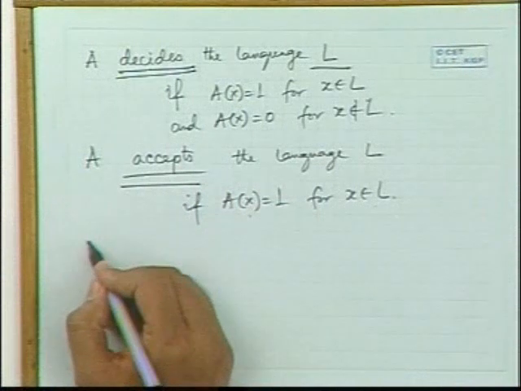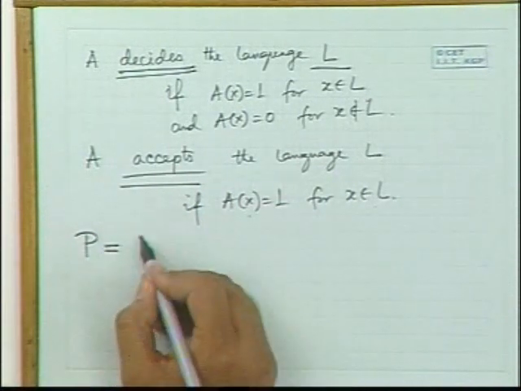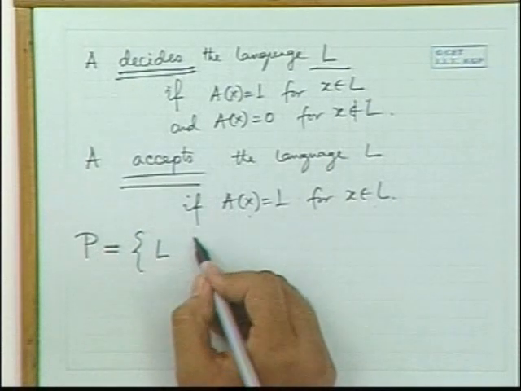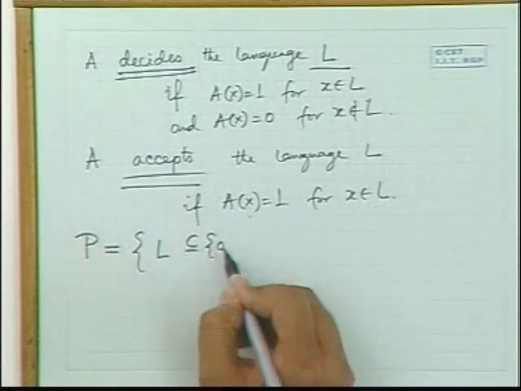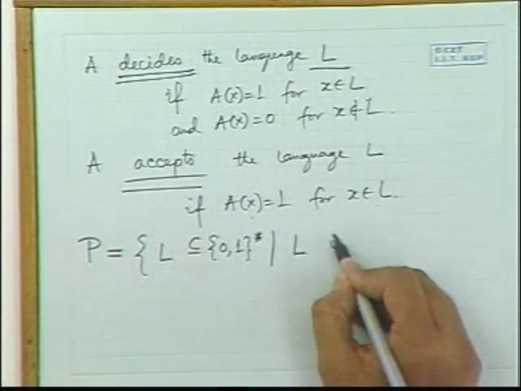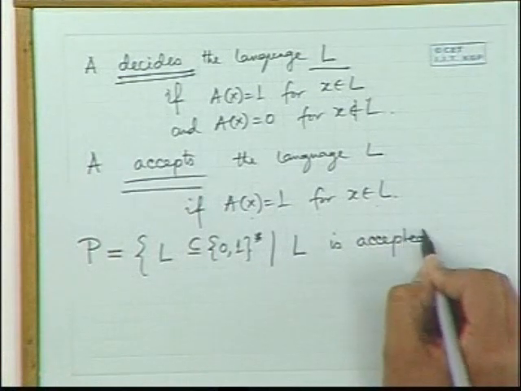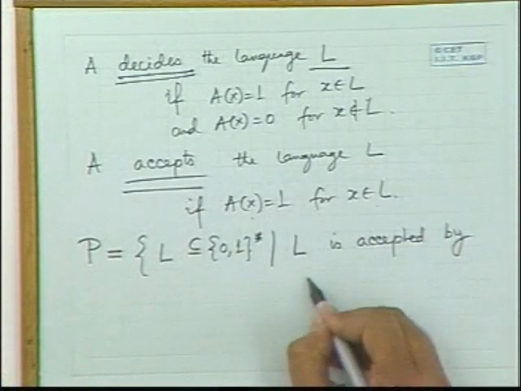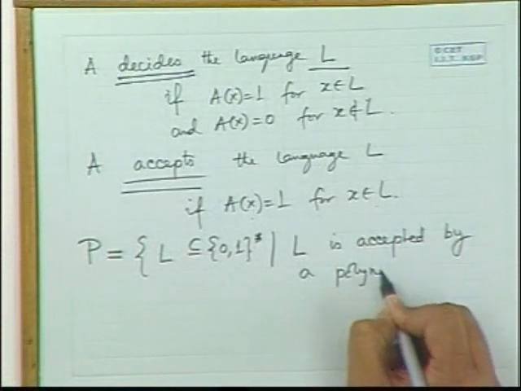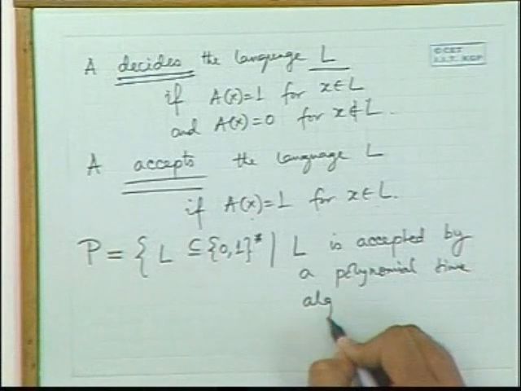Okay, now according to this definition, the class P is nothing but the language L, which is a subset of {0,1}*, such that L is accepted by a polynomial time algorithm.